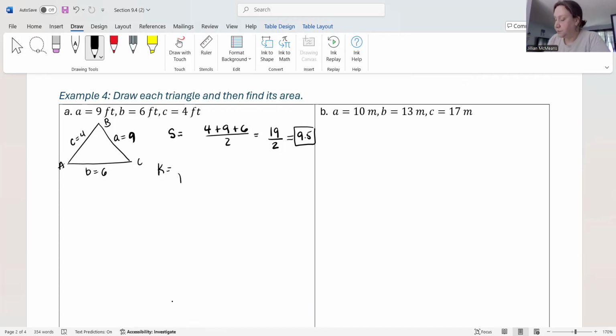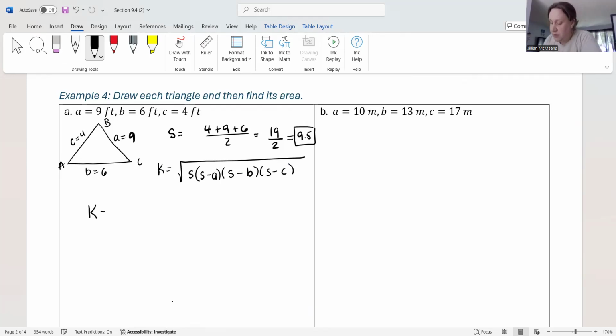Now remember the formula for the area of a side, side, side triangle is the semi-perimeter times the semi-perimeter minus the length of each side one by one. So semi-perimeter minus side A, semi-perimeter minus side B, semi-perimeter minus side C. Let's take this formula and fill in all of our pertinent information.